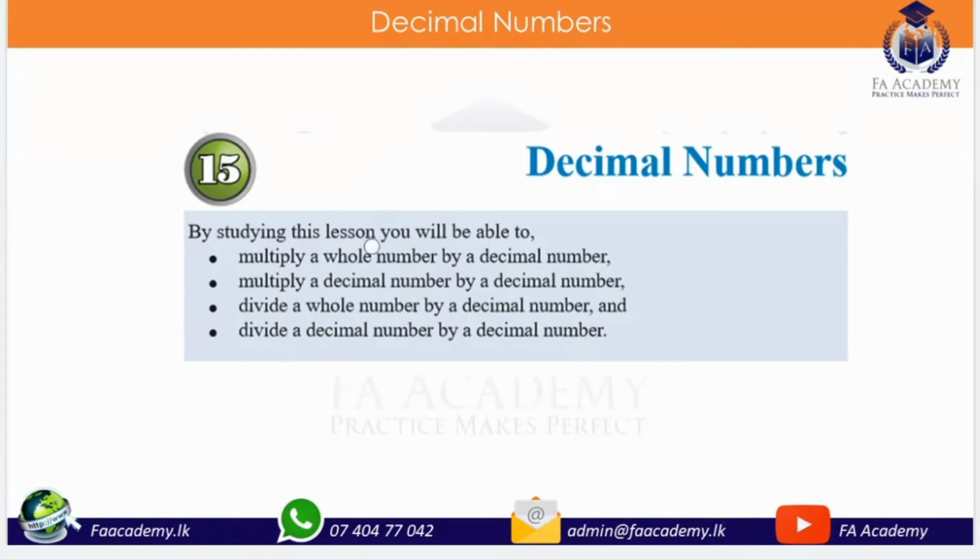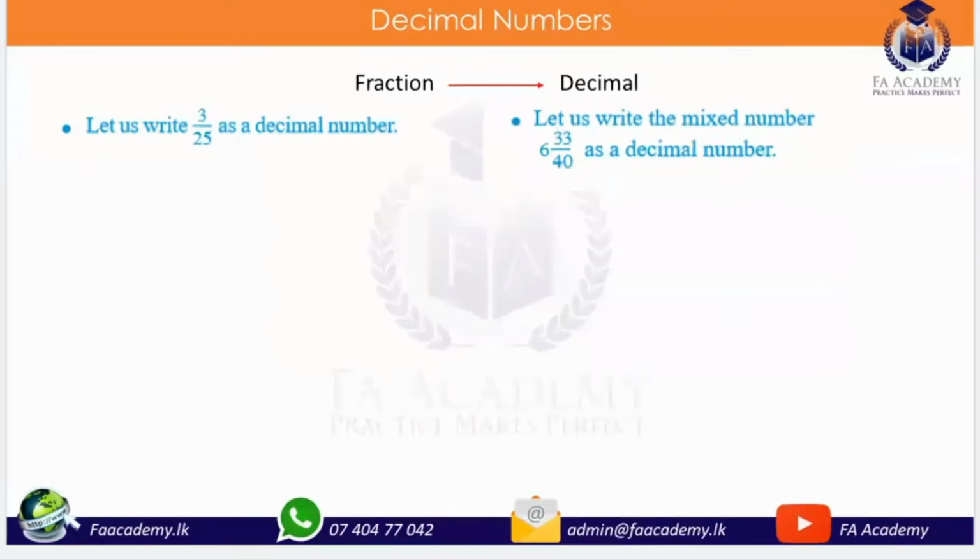Before talking about these 4 topics, let's look at the basics that we should know before starting the lesson. I have given here a fraction to convert into decimals. What's a fraction actually?